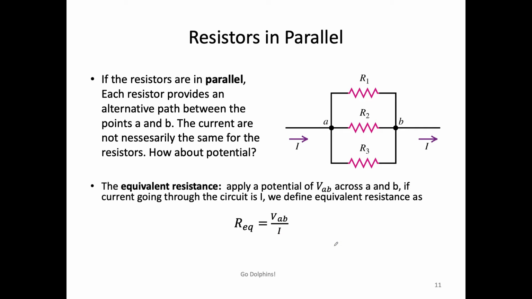Okay, now we move on to find the equivalent resistance for resistors in parallel. We have R1, R2, R3 in parallel connection to each other, and we apply a VAB. What will be the current going through here? We also need to understand the relation between the current and potential for R1, R2, R3.